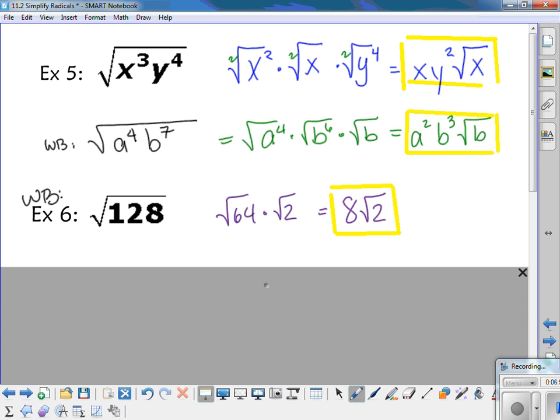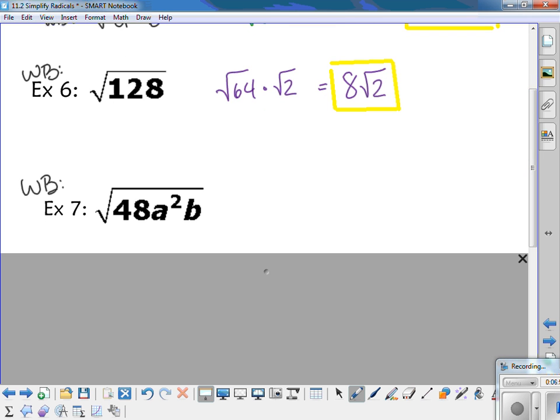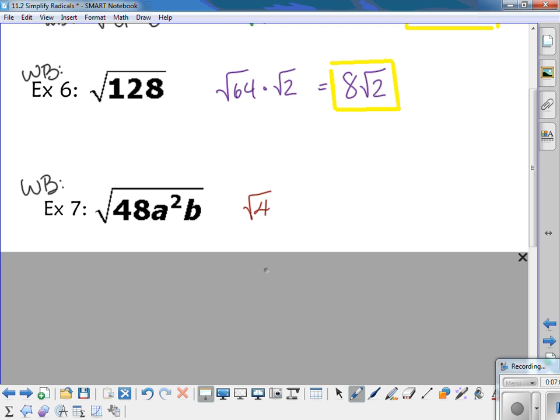All right, here's another one for you guys to try. All right, so initially you guys might just see the 4, right? That 48 was 4 times 12. And then we've got a squared times b.